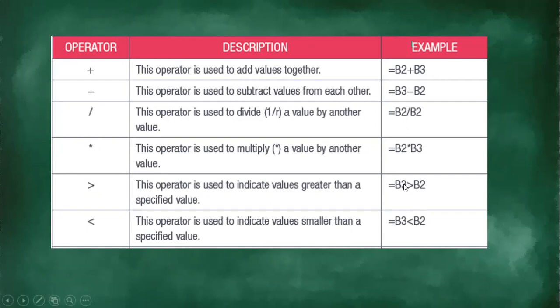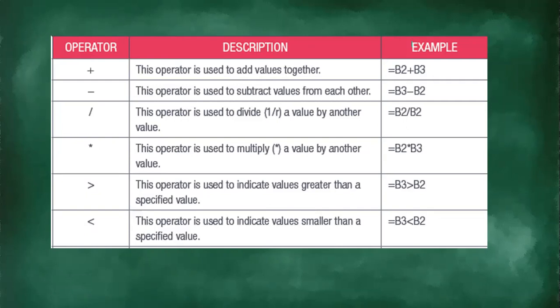cell B3 is greater than B2. So what is in the cell B3 is greater than B2. I mean, you should know this by now. I felt like I needed to start here before we go to the functions part.